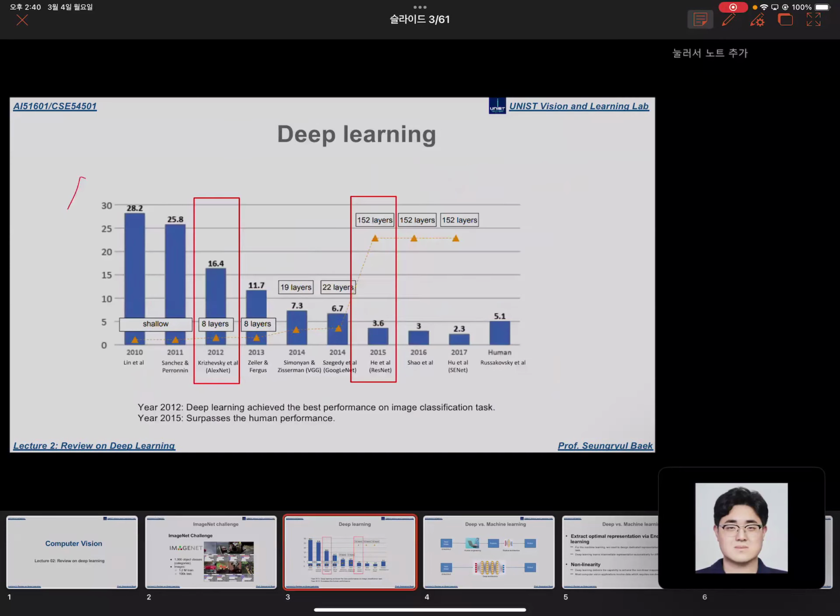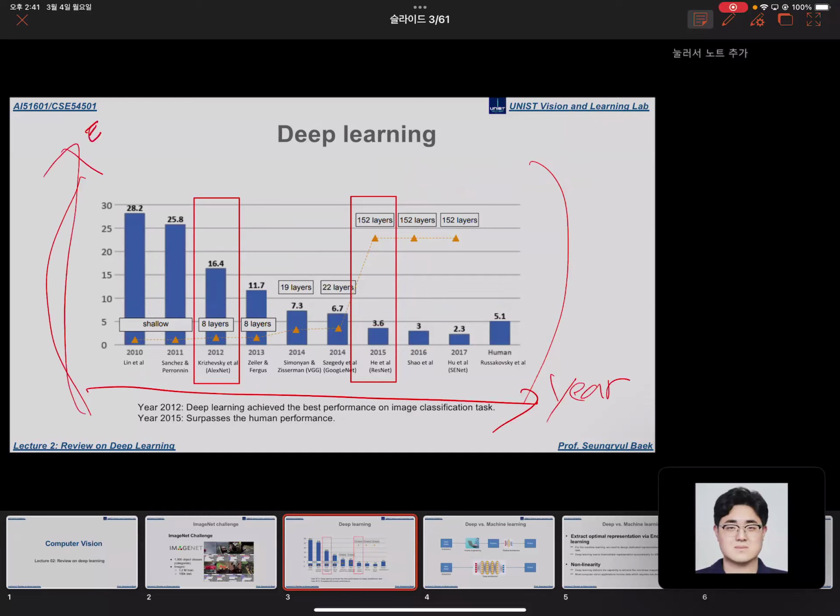I already explained this graph in the previous lecture. The x-axis is the year, and the y-axis is the error rate, which is 100 minus accuracy. So the error rate should be minimized.